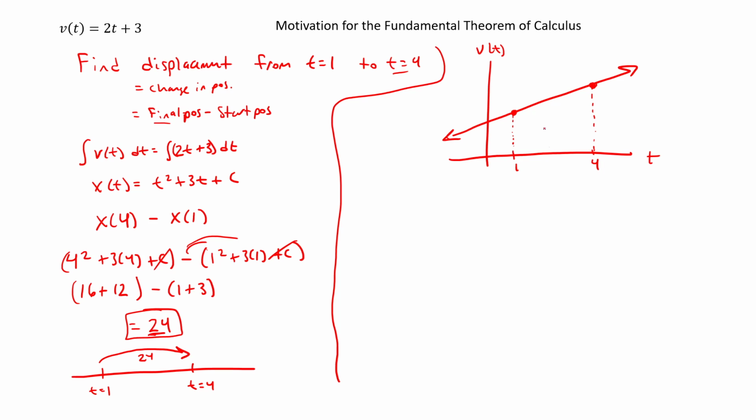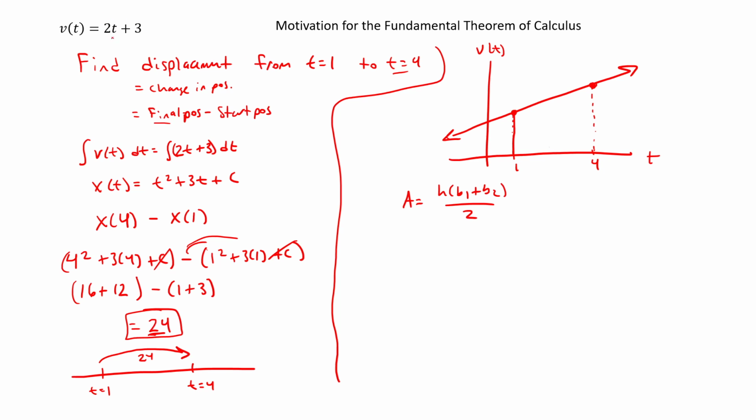If you turn your head to the side, you can see these are the two parallel bases. And we know the formula for the area of a trapezoid is height times base 1 plus base 2, all over 2.